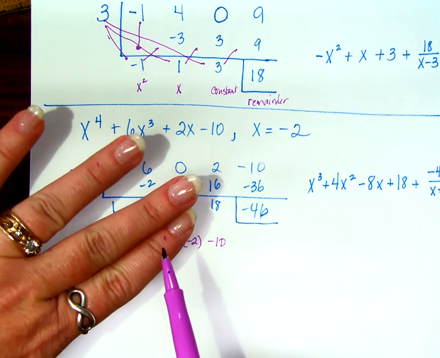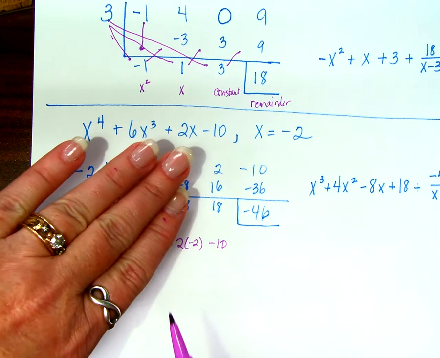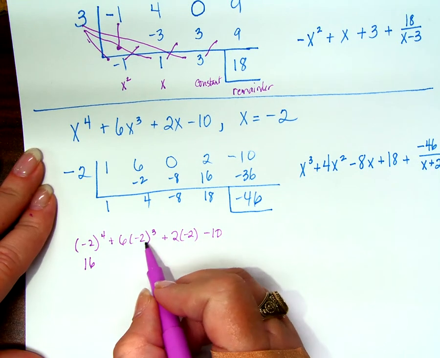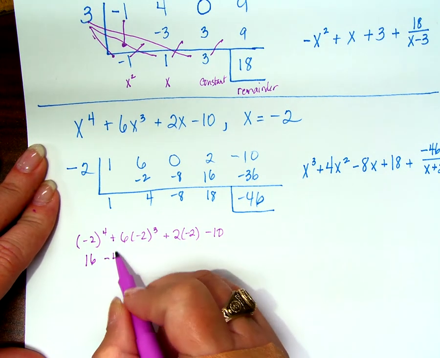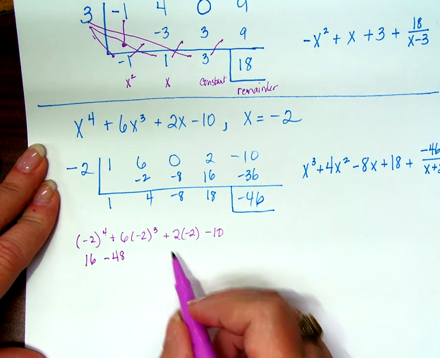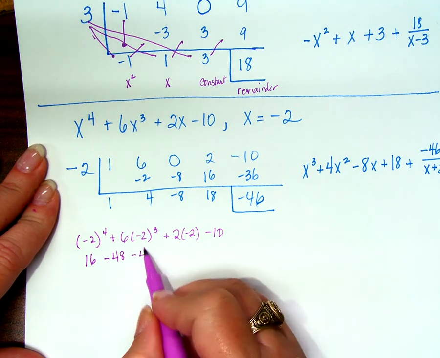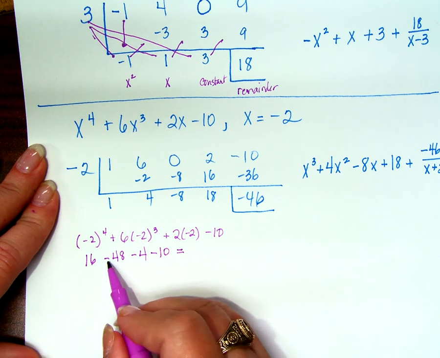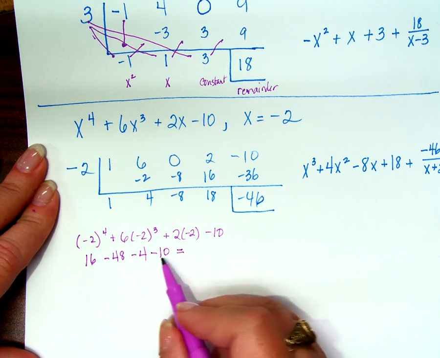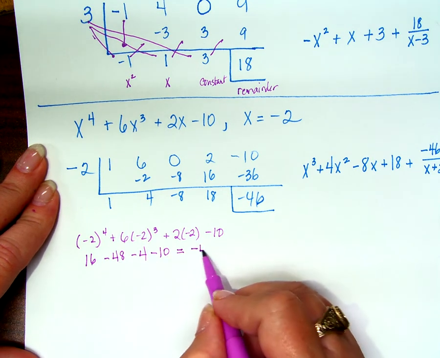That's 4. That's negative 8, and that's 16, right? Negative 2 to the 3rd power is negative 8 times 6 is negative 48. 2 times negative 2 is negative 4 minus 10. 16 minus 48 minus 4 minus 10 is negative 46.